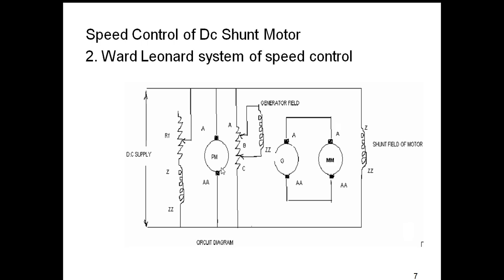Means here this motor shaft is coupled to the shaft of the generator, so this motor runs this generator, and the supply for this motor is given by some external means, and the speed of this motor can be varied by connecting a rheostat in the field circuit.